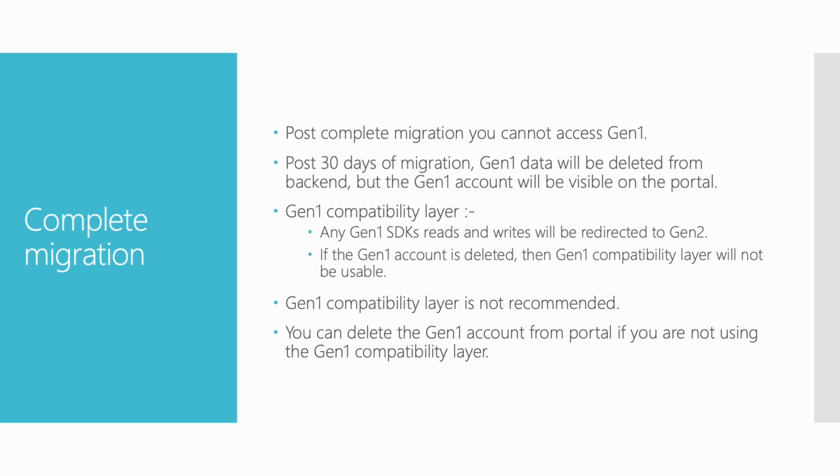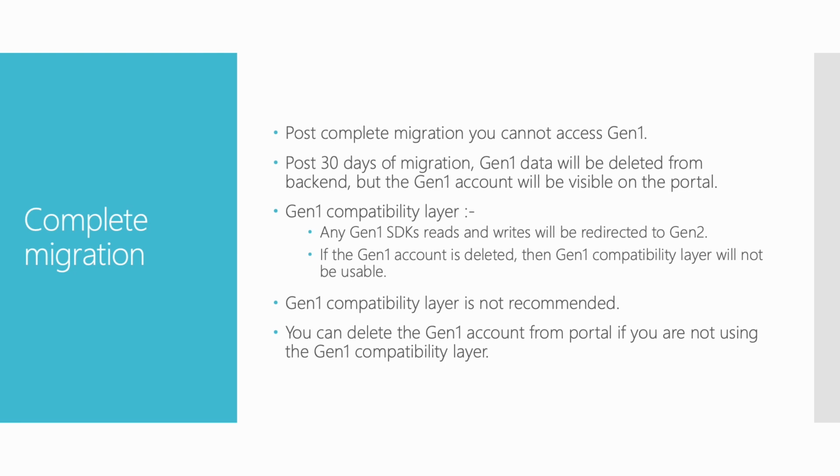Apart from this, there are certain APIs which do not work on the Gen1 compatibility layer, and they have been listed here. So that is the reason we don't recommend relying on the Gen1 compatibility layer. But if you're not using these APIs, and you are above these versions, you could use this for some time if you need time to transition to the Gen2 account. So this definitely can be useful in those scenarios.